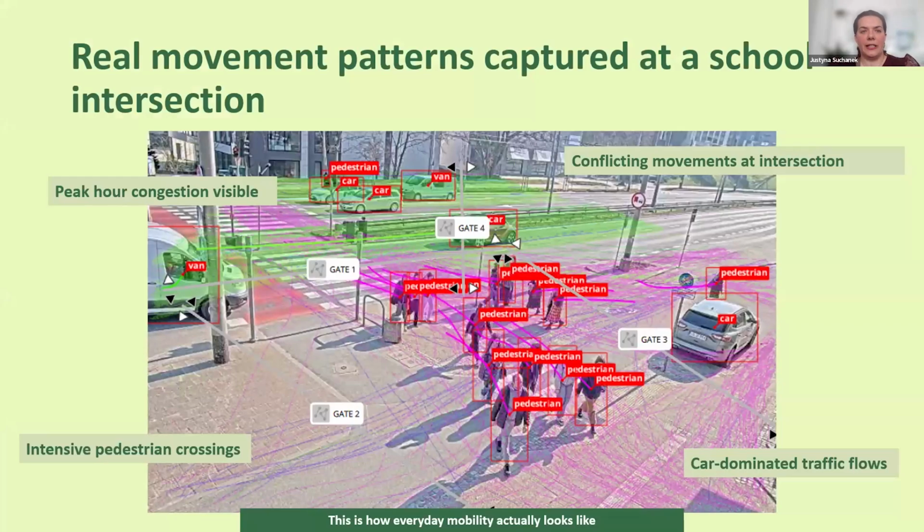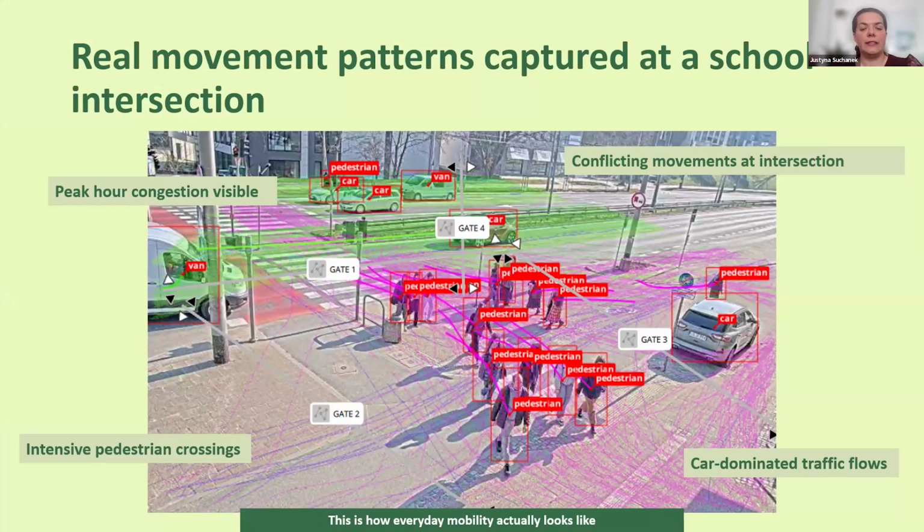This is what we observed at the intersection that we chose. Intensive pedestrian crossings, car-dominated traffic flows, and many conflicting movements between pedestrians and cyclists, and also the car movements, a lot of kinds of modes. It's here in this intersection.